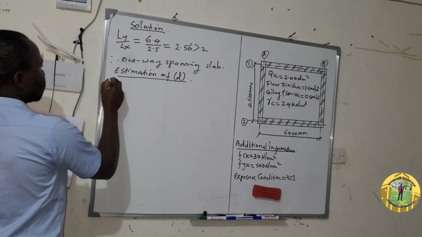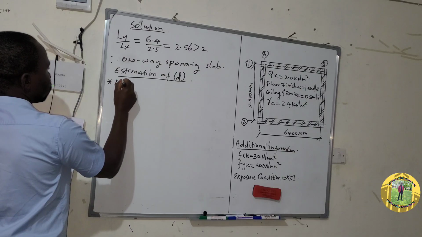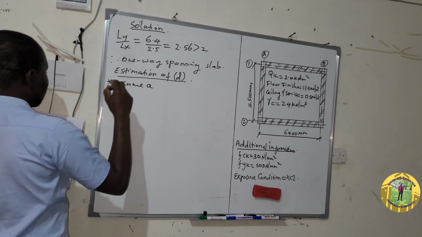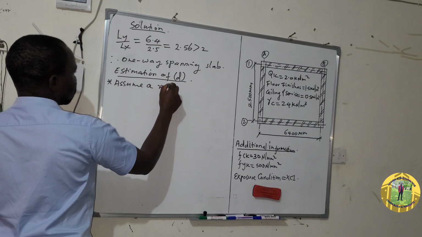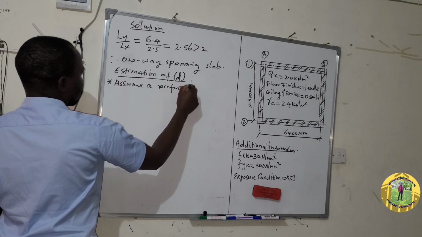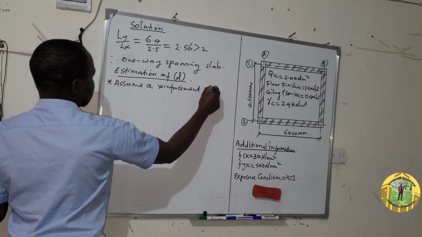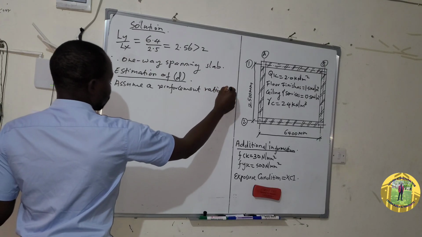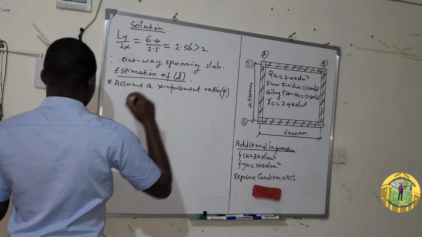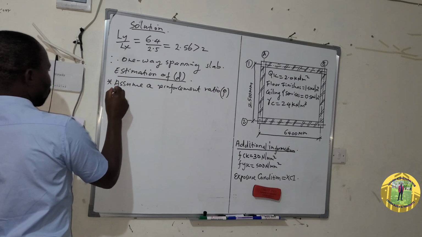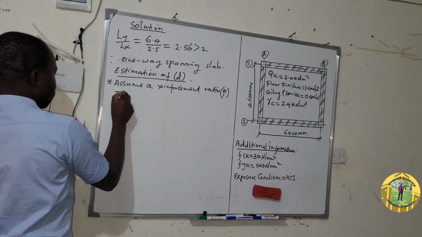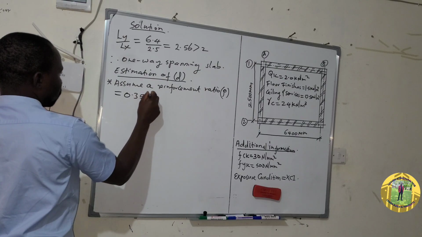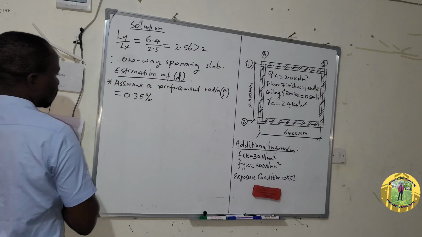So you'll say assume a reinforcement ratio is equal to 0.35%.